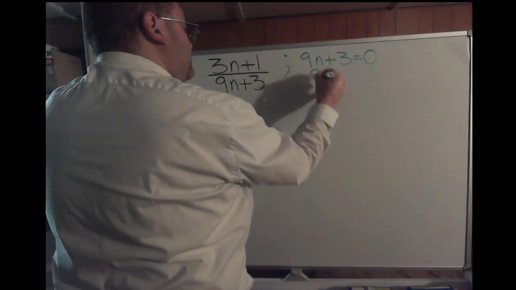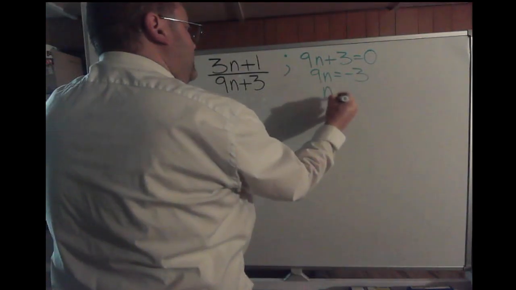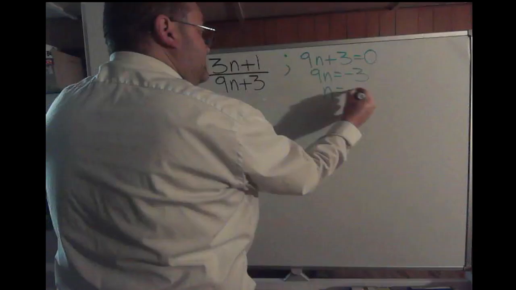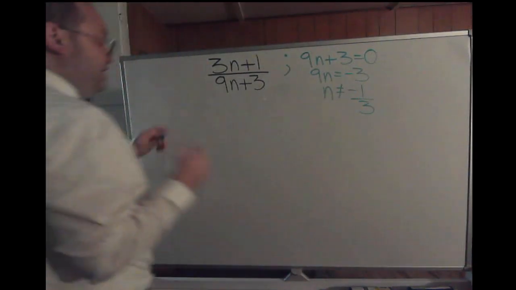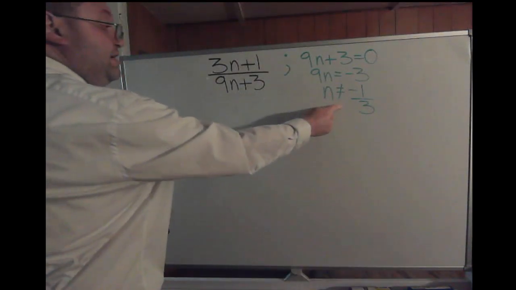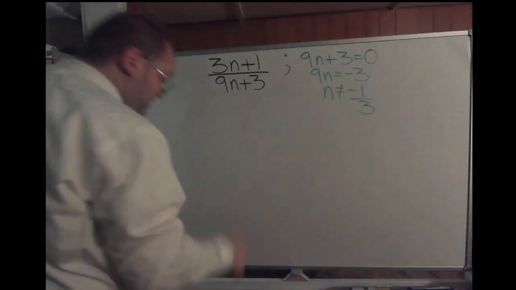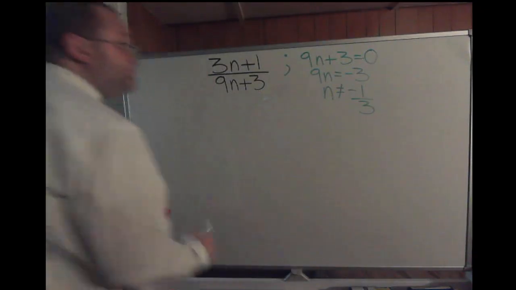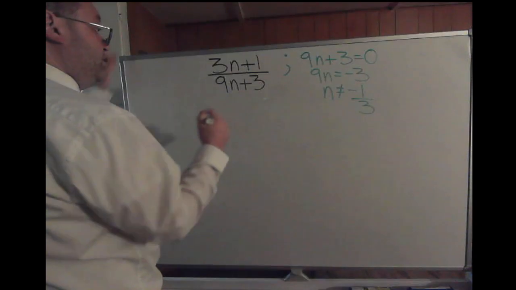So 9n would equal -3, n would equal -3/9 or -1/3, which means n cannot equal -1/3, because if n equaled -1/3, you would have a denominator of 0, which would make the expression undefined. So that's your restriction. n cannot equal -1/3.